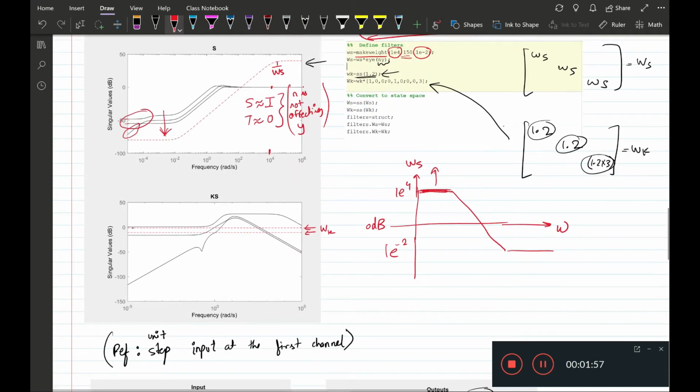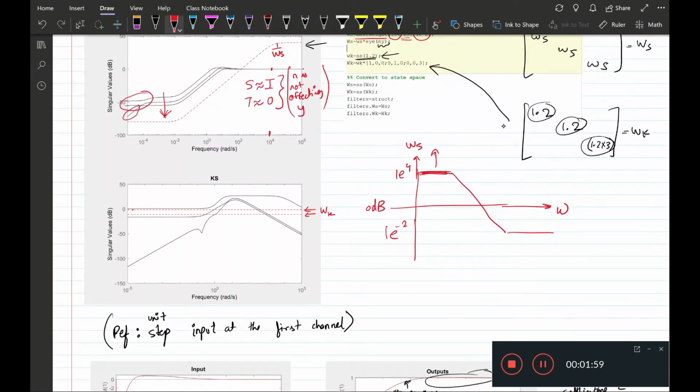But now let's see what happens to the control input if we have a noise of 10 to the 4 radians per second. We see that for one particular direction we have a significantly high control input. So we do see that we have an amplification of noise to U transfer function.